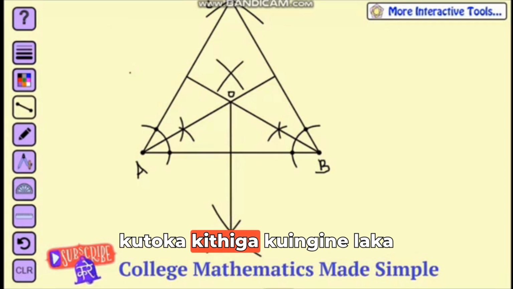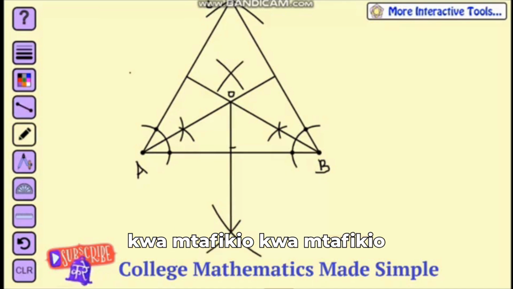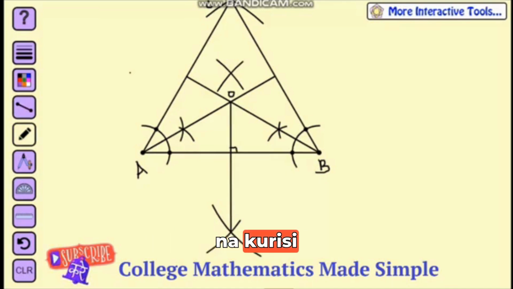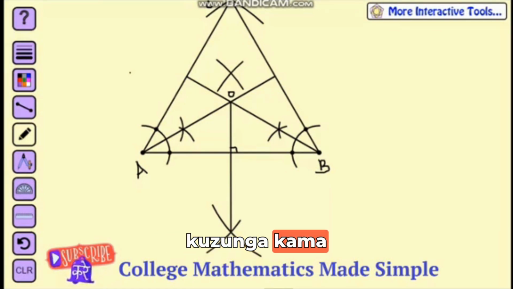So to bisect a line, just put your compass at one point and open with a radius more than half of that line and draw an arc on either side, and do the same on the other end and just connect the lines like that.